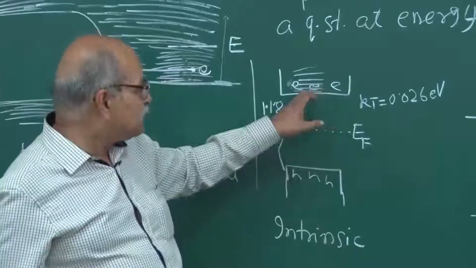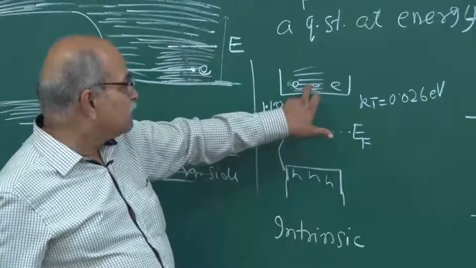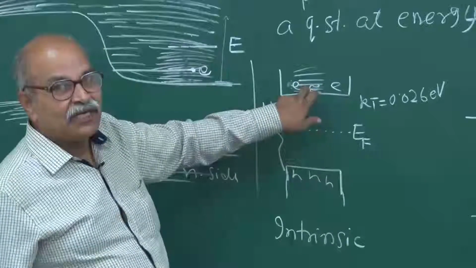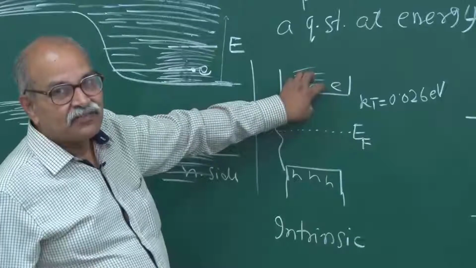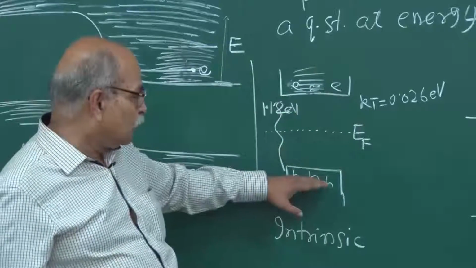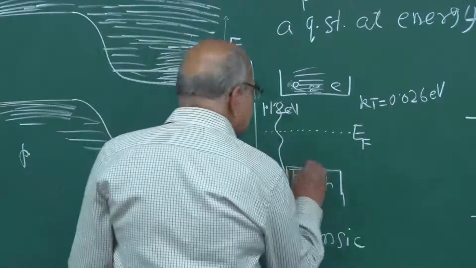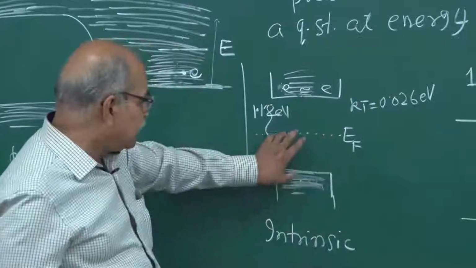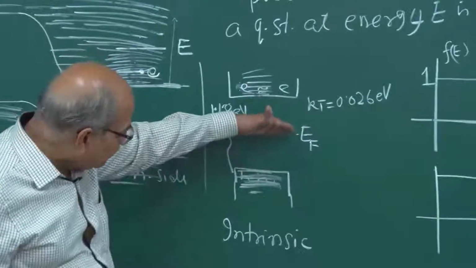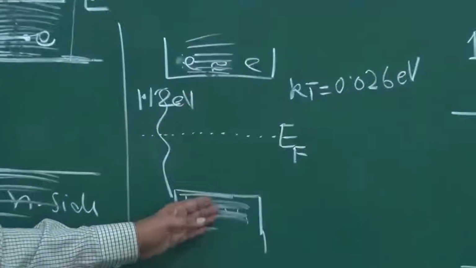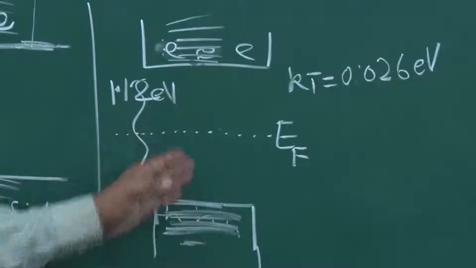And therefore the probability that an electron will be here in this quantum state is very, very small, and that is why you have a very small number of electrons which are able to reach here. And for holes, once again, if you look here, this is much below EF. So the probability of occupation is very close to 1.